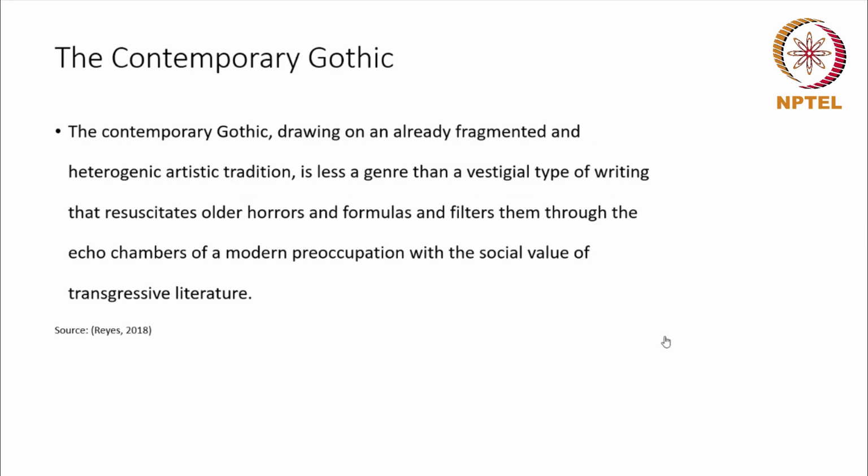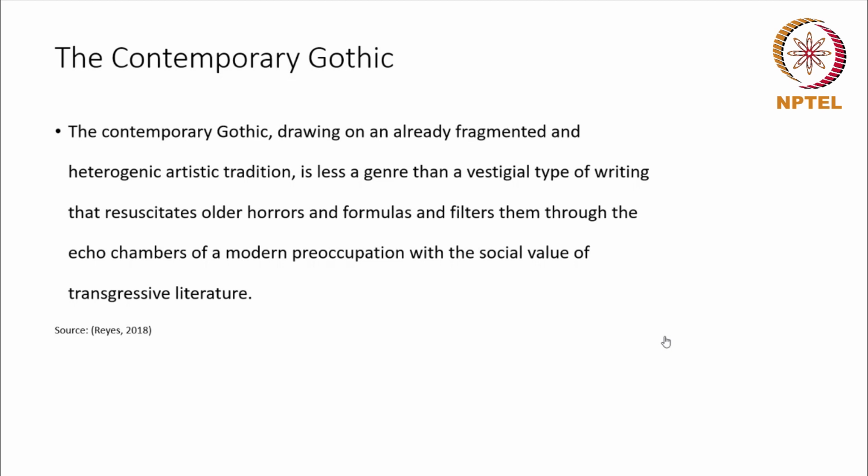Now, the contemporary Gothic draws on an already fragmented and heterogeneous artistic tradition, and it is less a genre than a vestigial type of writing which tries to resuscitate older horrors and formulas and filters them through the echo chambers of a modern preoccupation with the social value of transgressive literature.